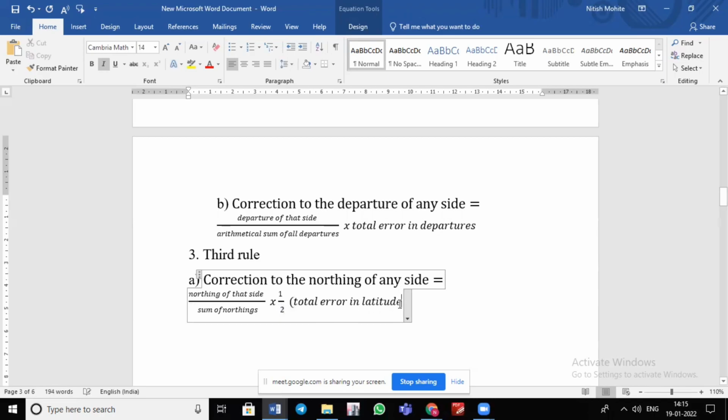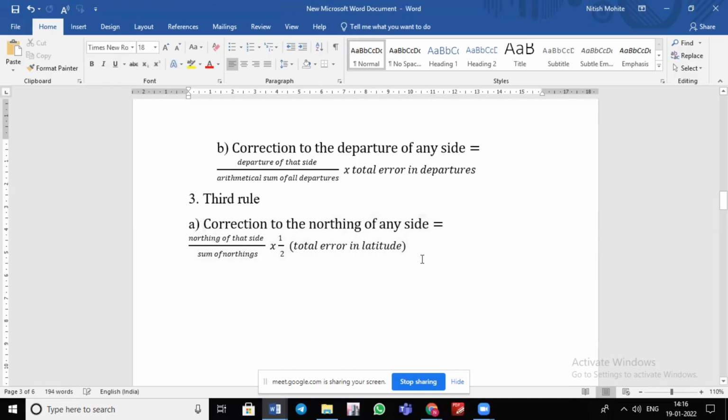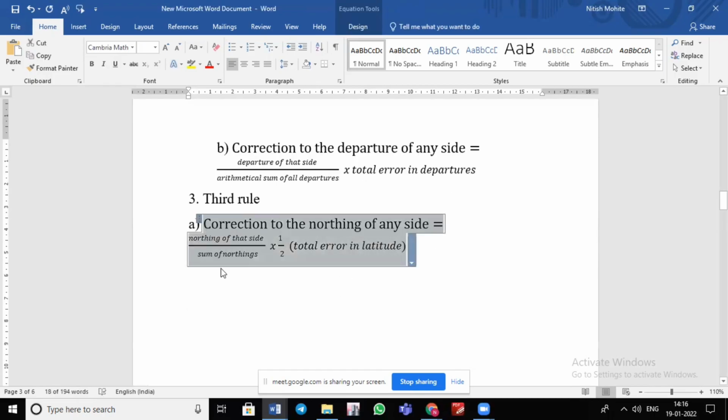You are going to take half, because latitude is nothing but the summation of northing and southing, so the error of latitude should be halved in this case. You are going to apply half of the error.